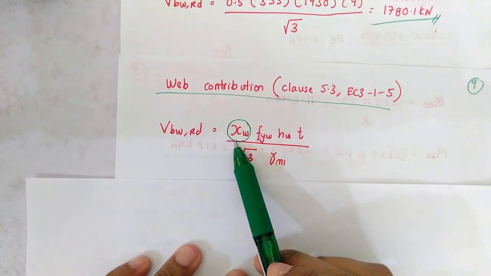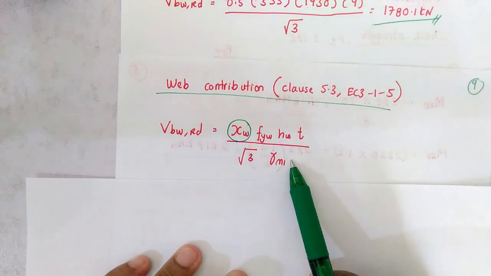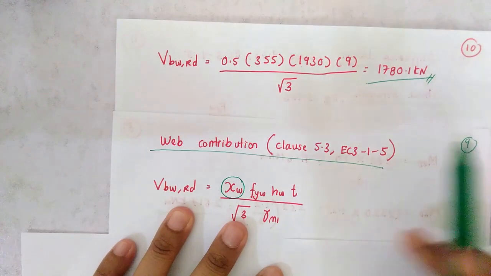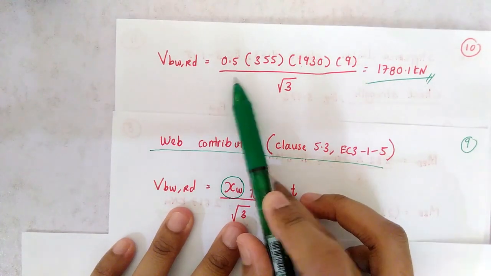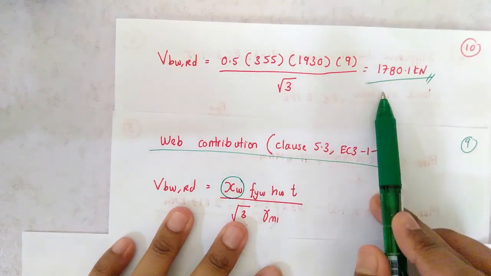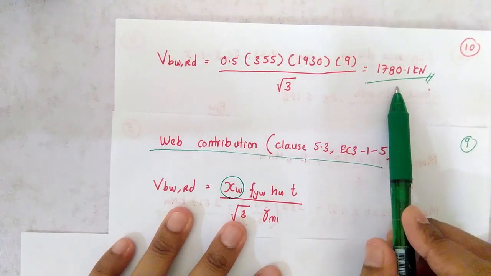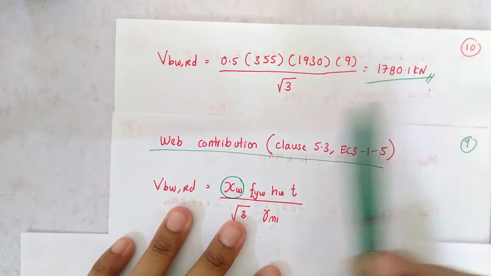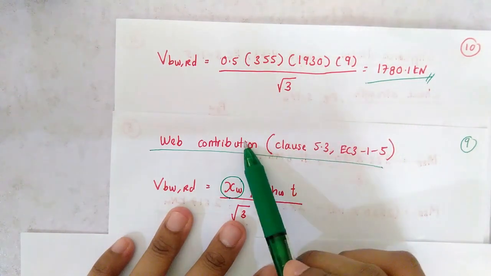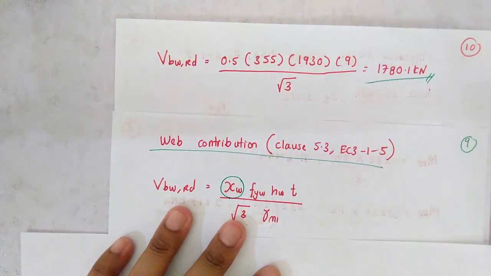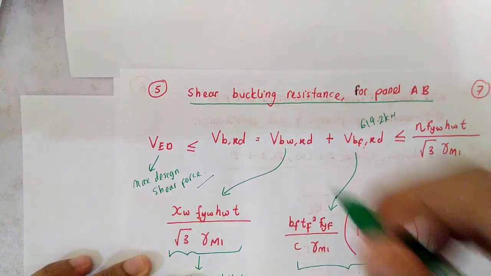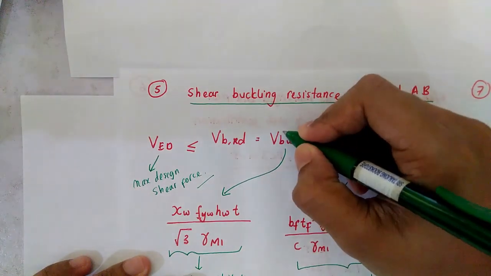You can insert the value that you found for the parameter into this equation, which gives you 0.5. Inserting the values, finally you will get 1780.1 kilonewton, which represents the force contribution from the web.